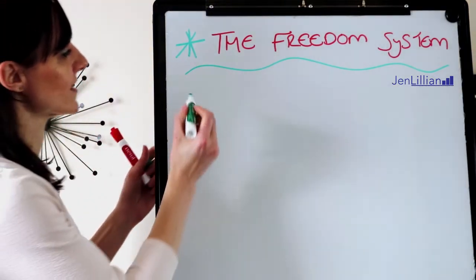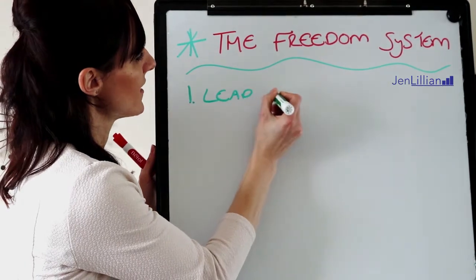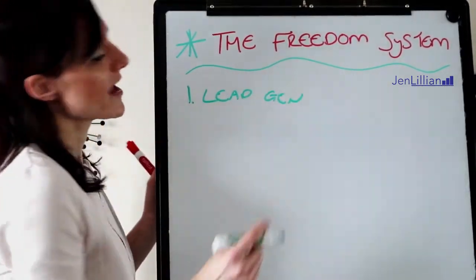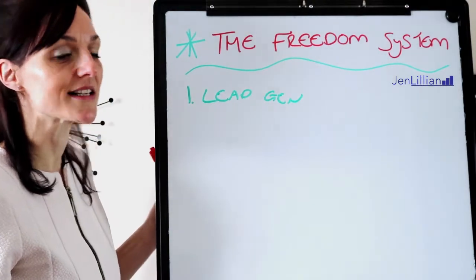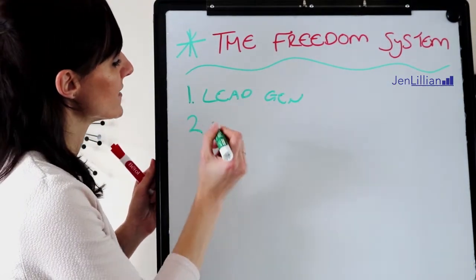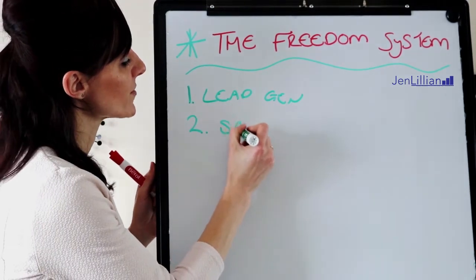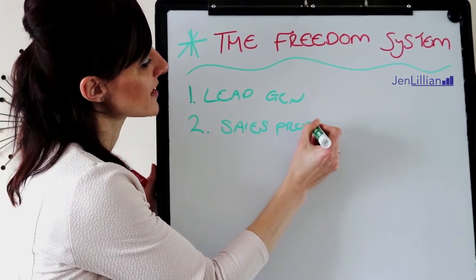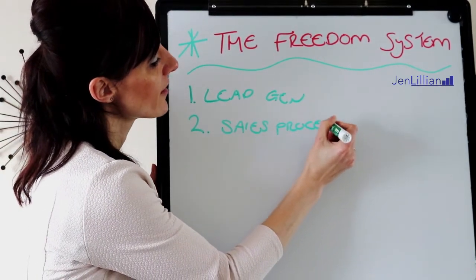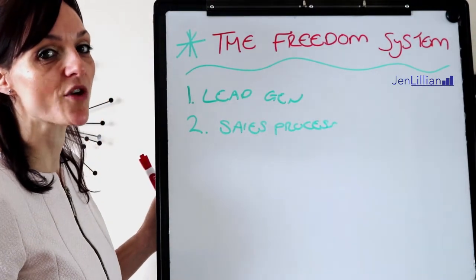So as just mentioned, one is the lead generation process. If I just put lead gen. So basically getting clients into your system. And then the second part of the Freedom System is the sales process. So the journey that your potential prospects go through in order for them to buy from you at the end of that sales process.